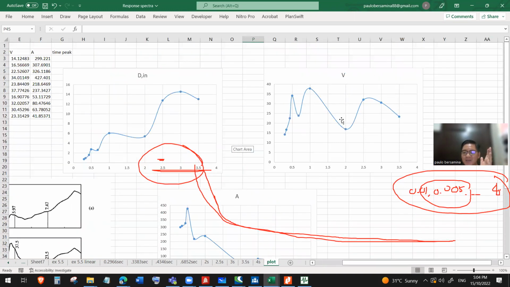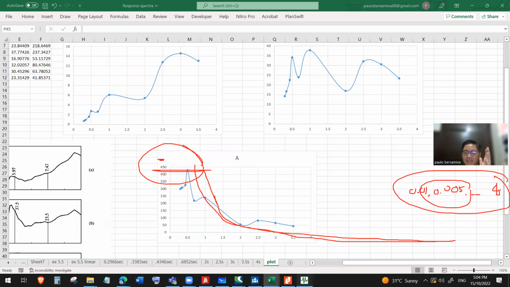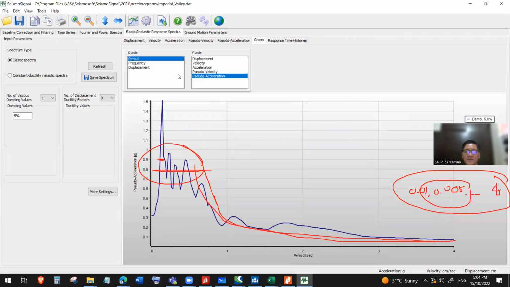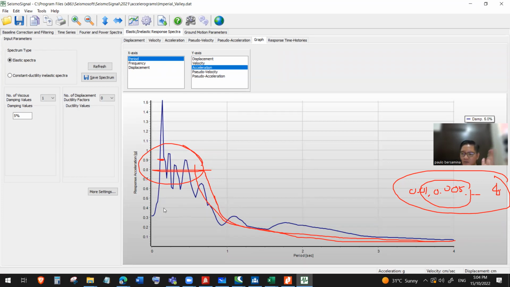That will still resemble an output like this. Pwede nyo namang i-compare with this. So, right away, you can determine kung tama yung ginawa nyo na response spectra because you have a software like this to verify if correct yung response spectra.